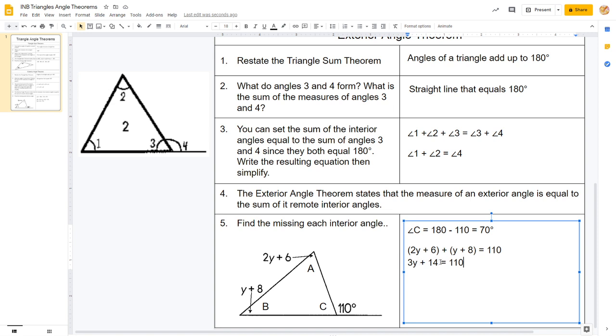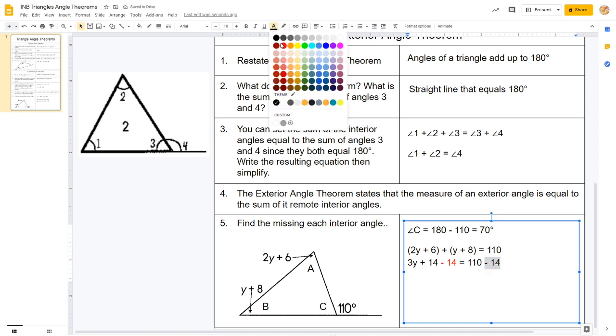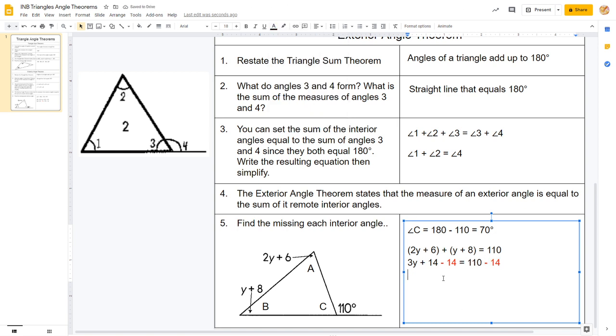So on both sides, I'm going to minus 14. So here I'm going to do it in red and be like minus 14. Minus 14. Put this in red, so I know that that's what I'm doing for this step. So I'm left with 3y here, because the two 14s cancel out. 110 minus 14 is 96 degrees.